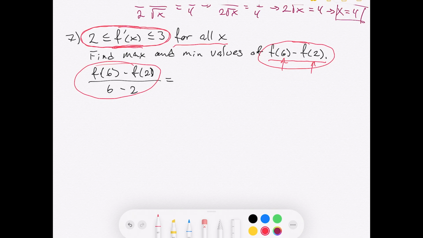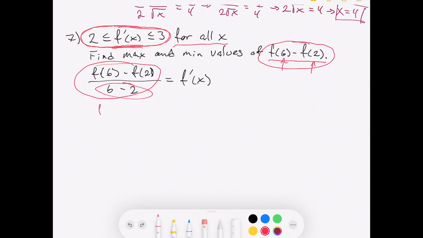So what I'm going to do is set this equal to the slope of my function, f prime of x. And I'm also going to multiply both sides of this statement by 4, which is this denominator over here.